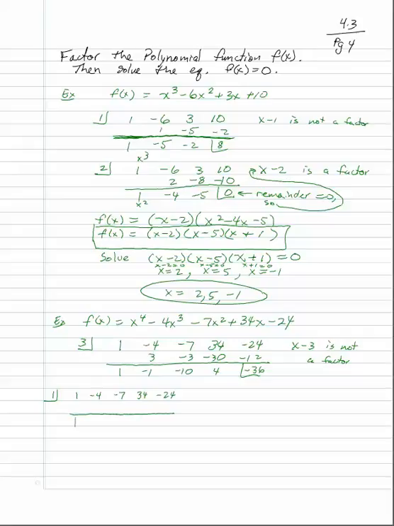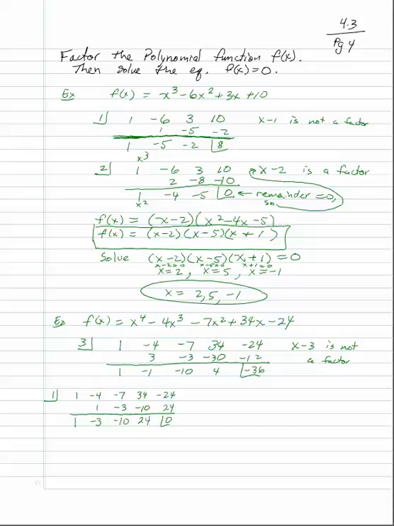So let's see, 1. Again, you're going to learn some techniques to know what numbers to start with. So right now you're just blindly guessing. So that's negative 10. 34 minus 10 is 24. And 24 minus 24 is 0. So that works.